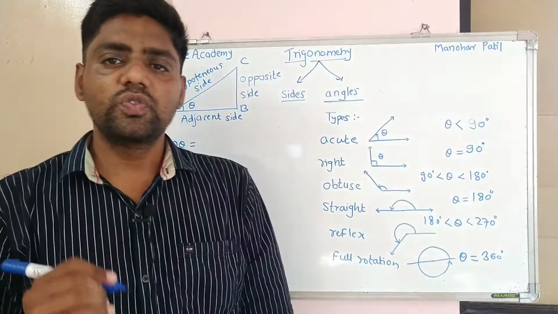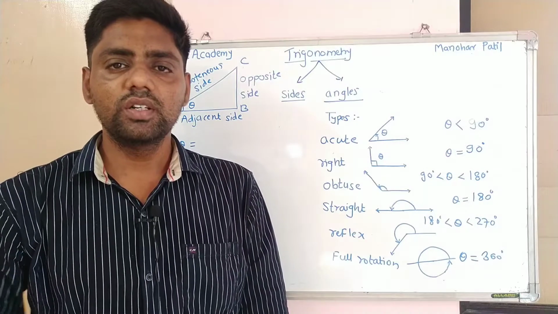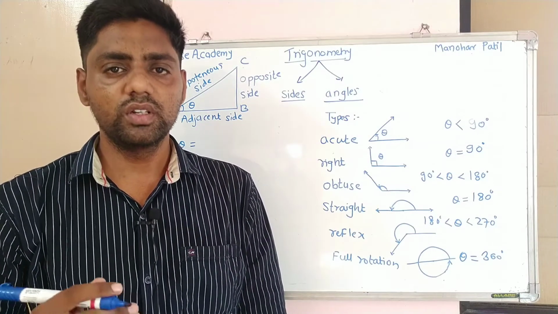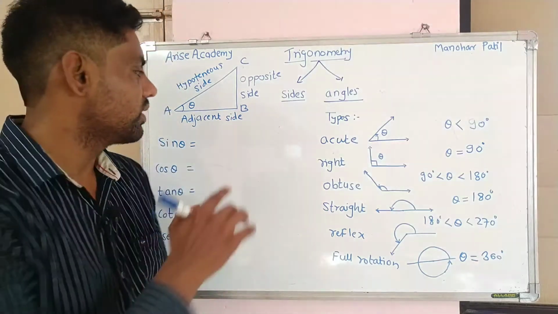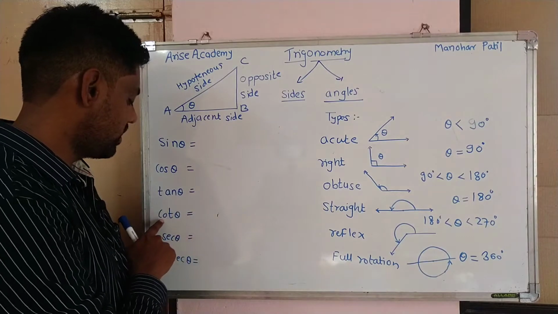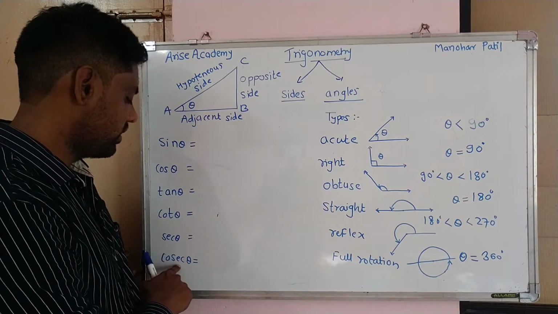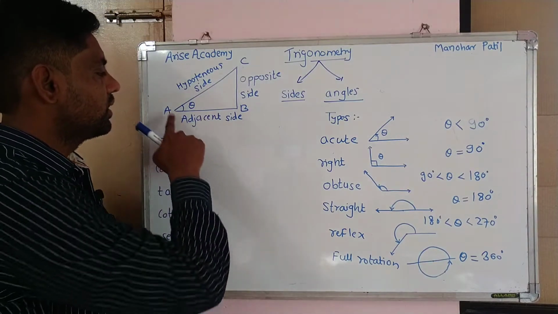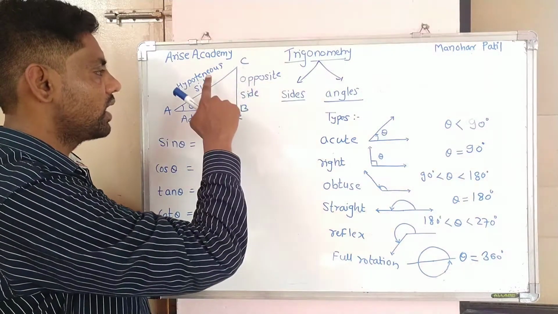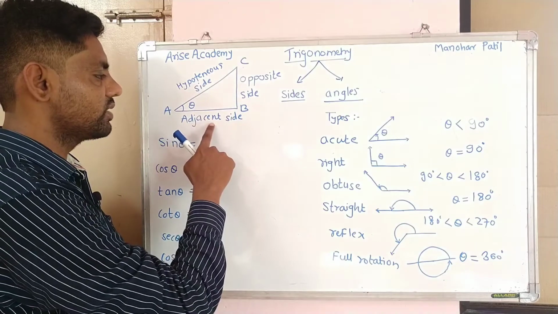Next, to find the sides of the triangle, we need to know all the trigonometric ratios. Six ratios are given: sin theta, cos theta, tan theta, cot theta, sec theta and cosec theta. From this triangle ABC, this is the opposite side, the hypotenuse side and the adjacent side.